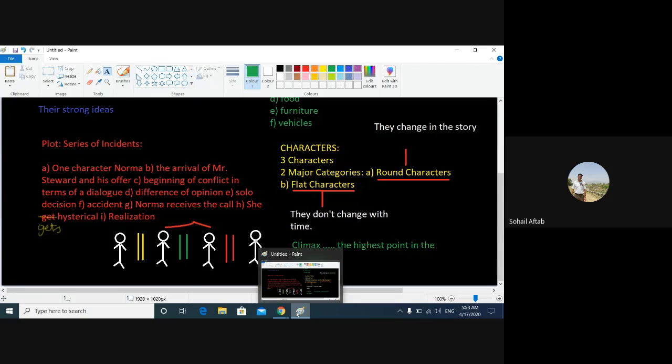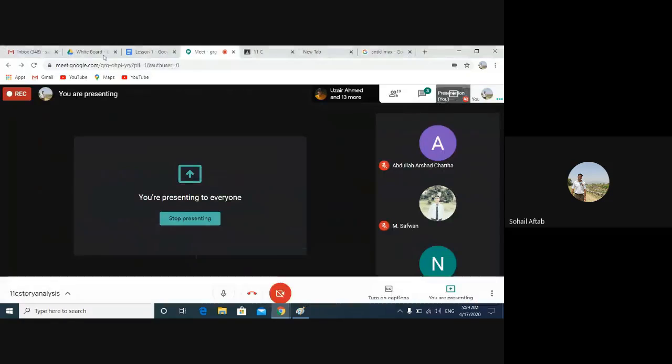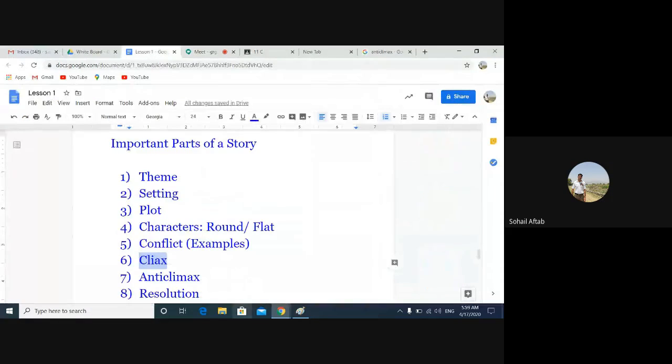And the anticlimax starts when, let me get back to my page. Anticlimax is when the incident goes down to a normal situation, when the situation is resolving. That is anticlimax when she gets the call from the hospital that the person has been killed.